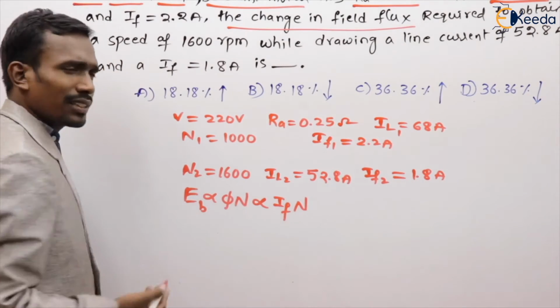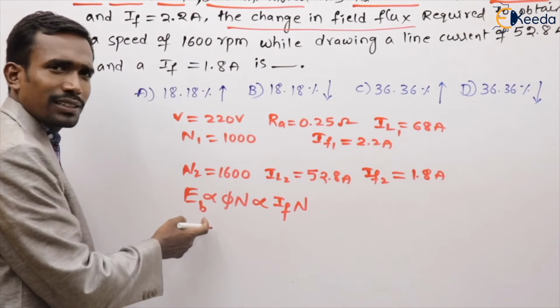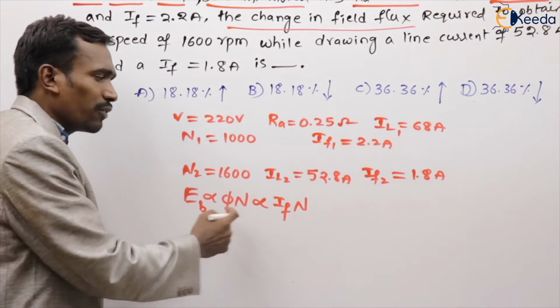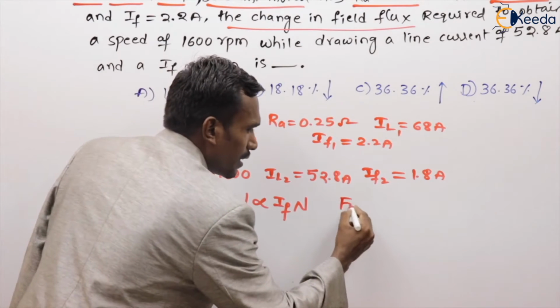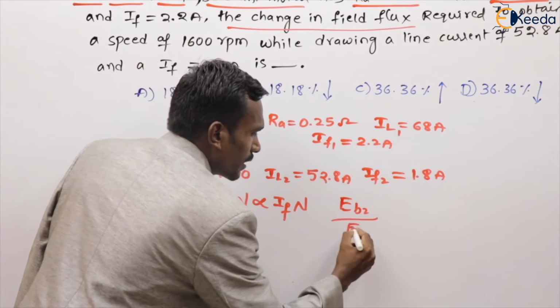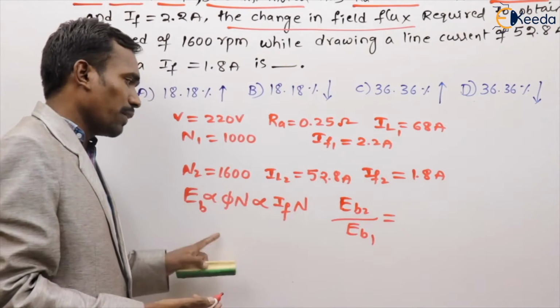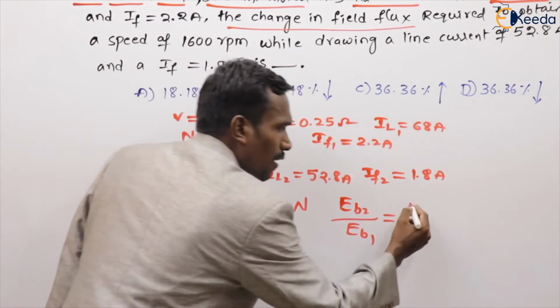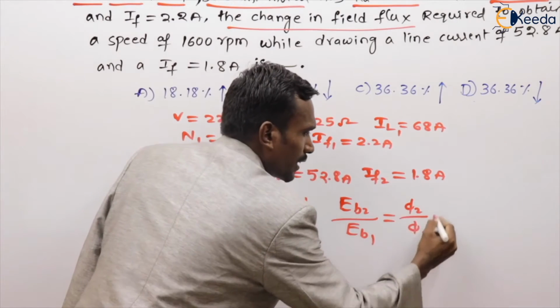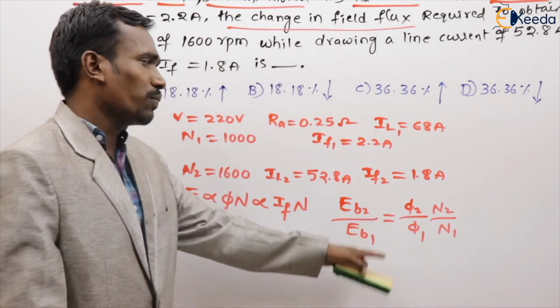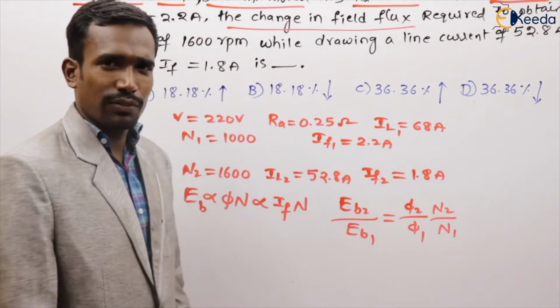So EB2 by EB1 is equal to phi 2 by phi 1 into N2 by N1.